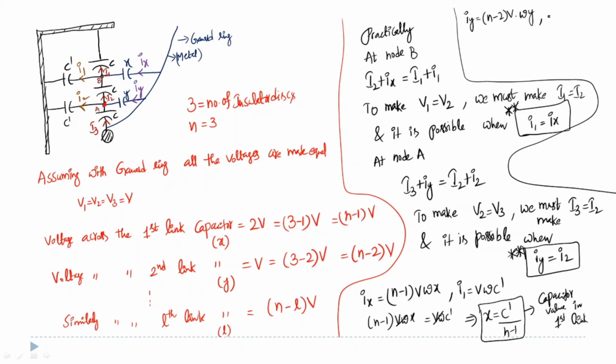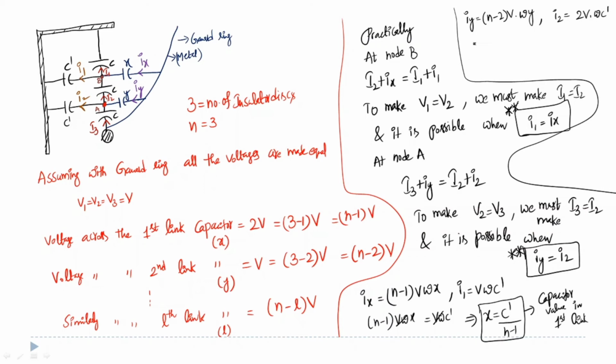And what is I2? I2 is equal to the voltage across this capacitance, which is 2 times V, because one end of the capacitor is connected here, another end is connected here. So 2 times V multiplied with the admittance of this capacitance, which is omega into C dash.